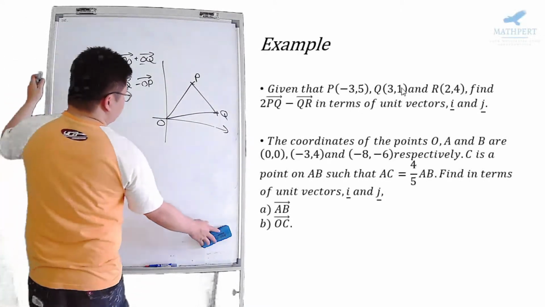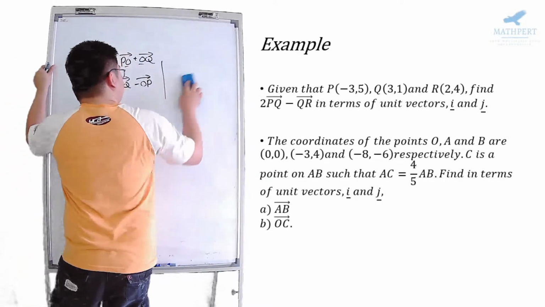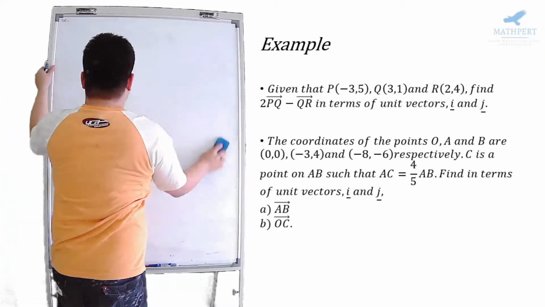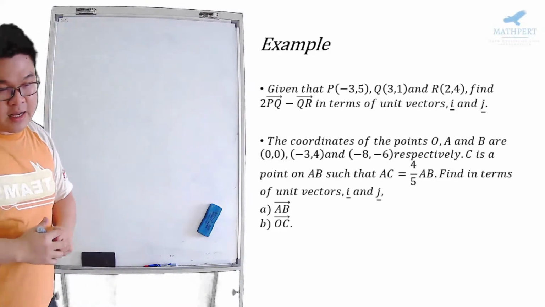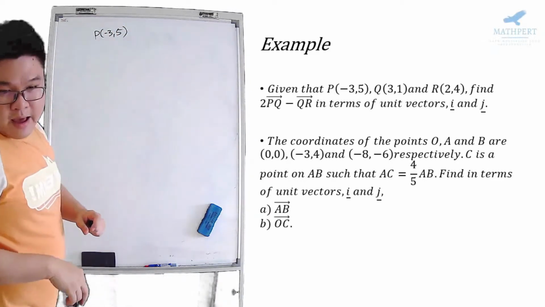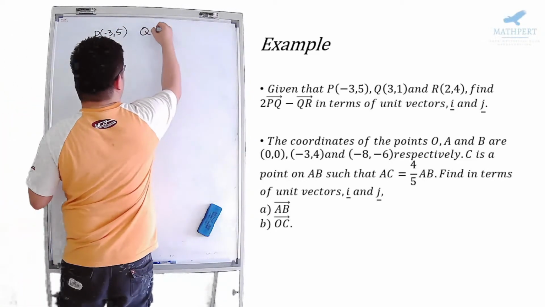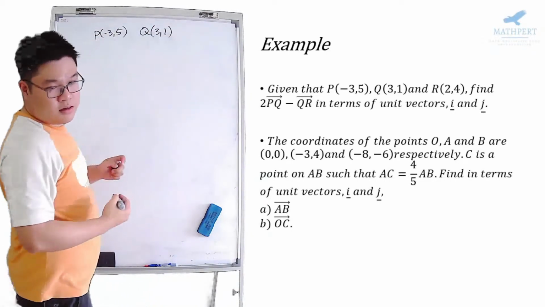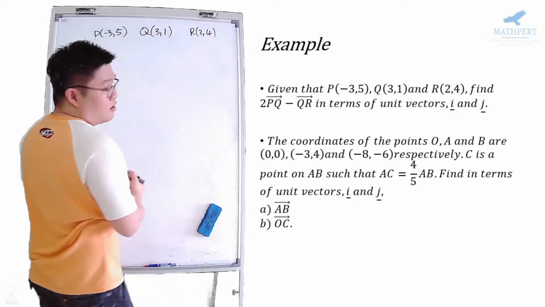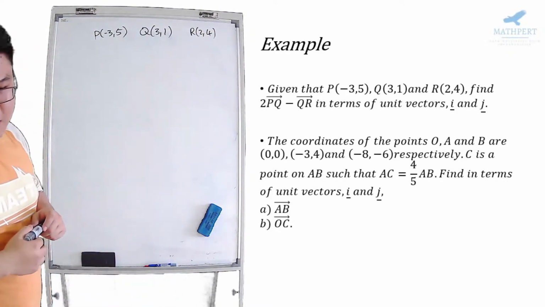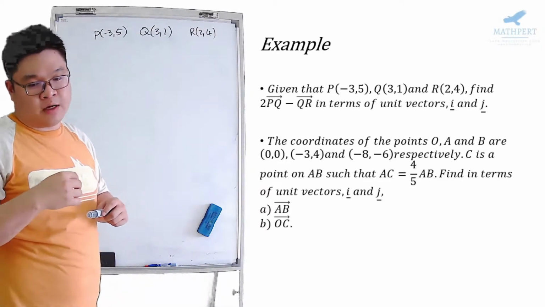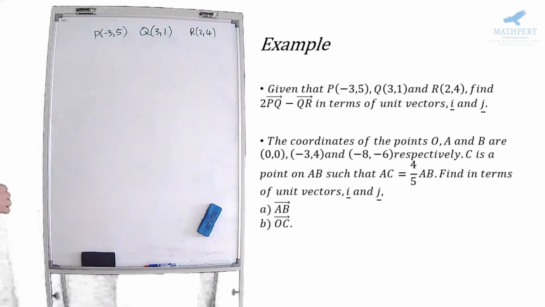So, example. Given that P is negative 3, 5, Q is 3, 1, and R is 2, 4, find 2PQ minus QR in terms of unit vectors i and j.